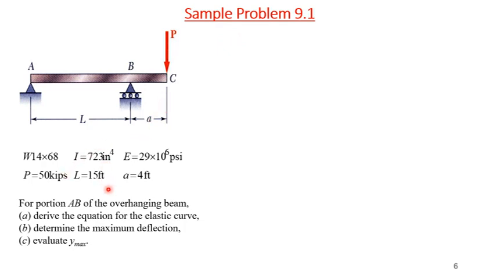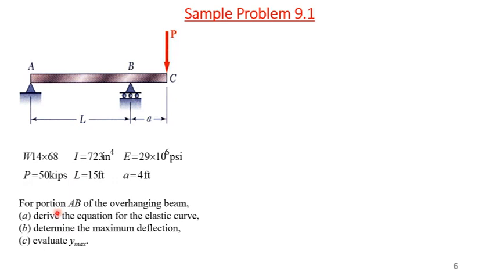For the portion AB of the overhanging beam, derive the equation of the elastic curve. So we have only considered this section AB and we have to find the equation of elastic curve for that one. Determine the maximum deflection.